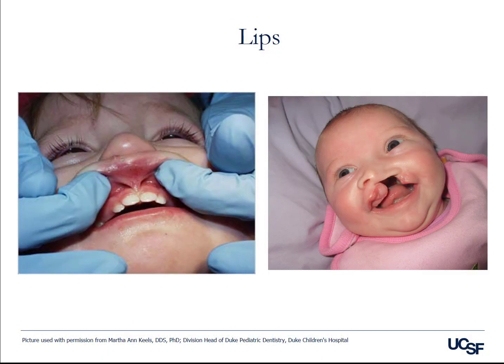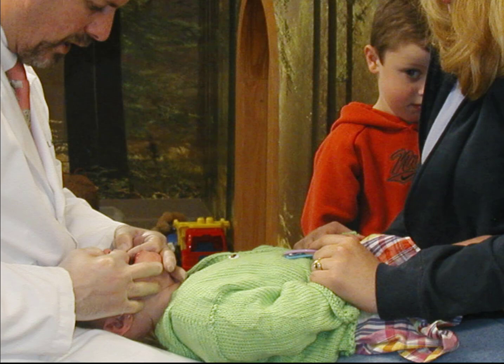Let me go back one slide. So when you do a knee-to-knee clinical exam, what you're looking for are the normal anatomical landmarks, such as lips, tongue, soft palate, hard palate.